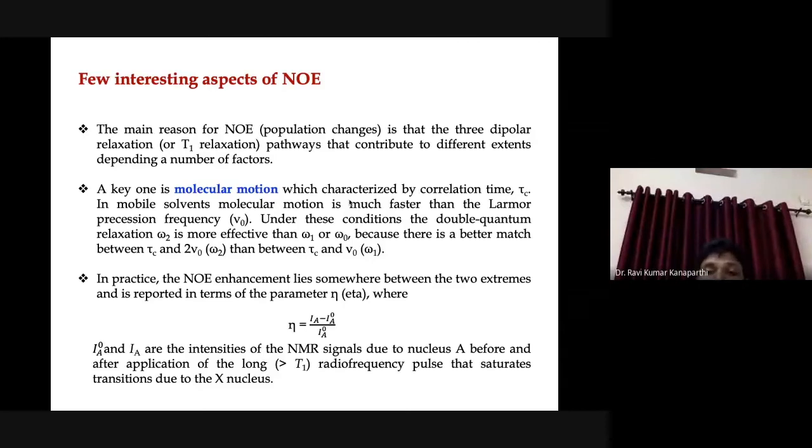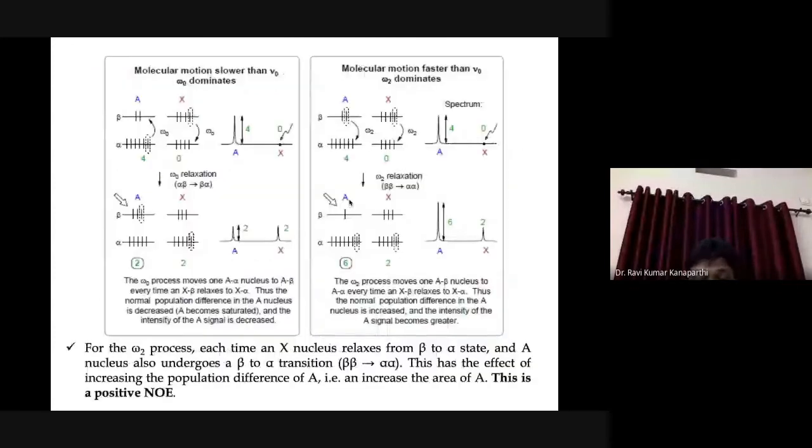One of the factors that affects the NOE is the correlation time of the molecule. Depending upon the correlation time, one process will be dominating while the other will be suppressed. The best example is if the molecule is slowly moving.